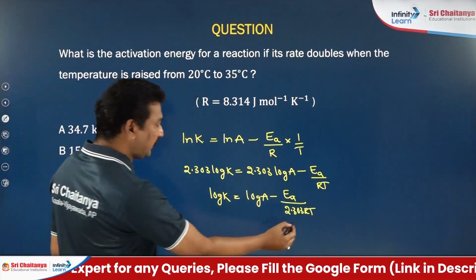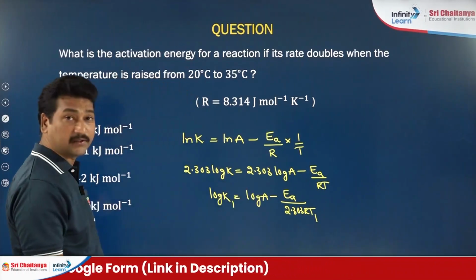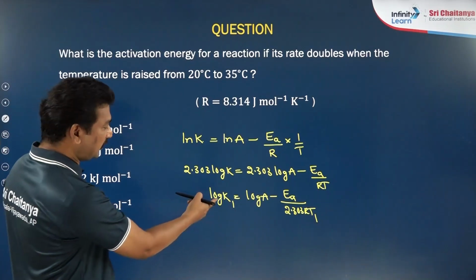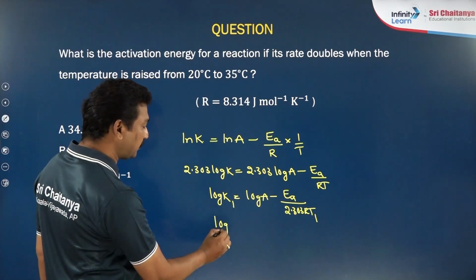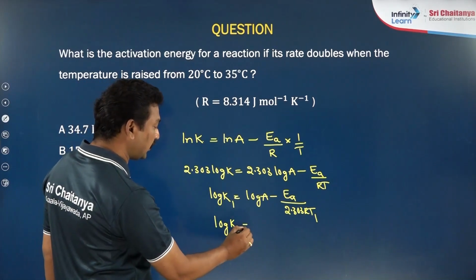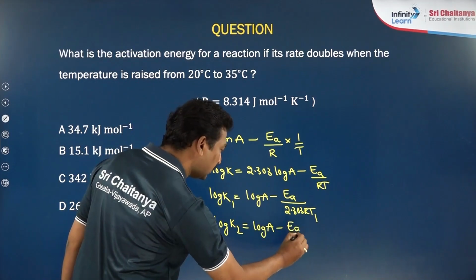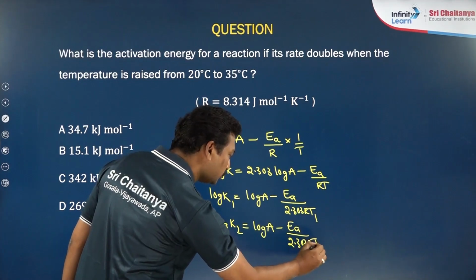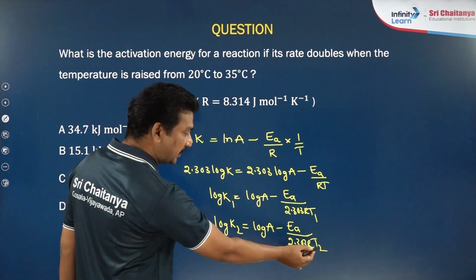Say at T1 temperature, this is the rate constant K1. I am writing one more rate constant at T2 temperature. Log K2 is equal to log A minus EA by 2.303 RT2. This is rate constant K2 at temperature T2.